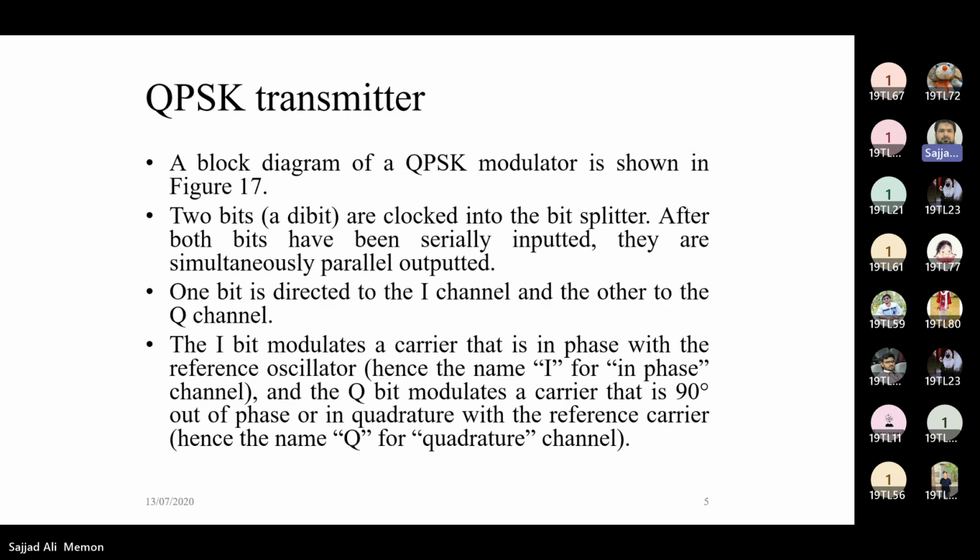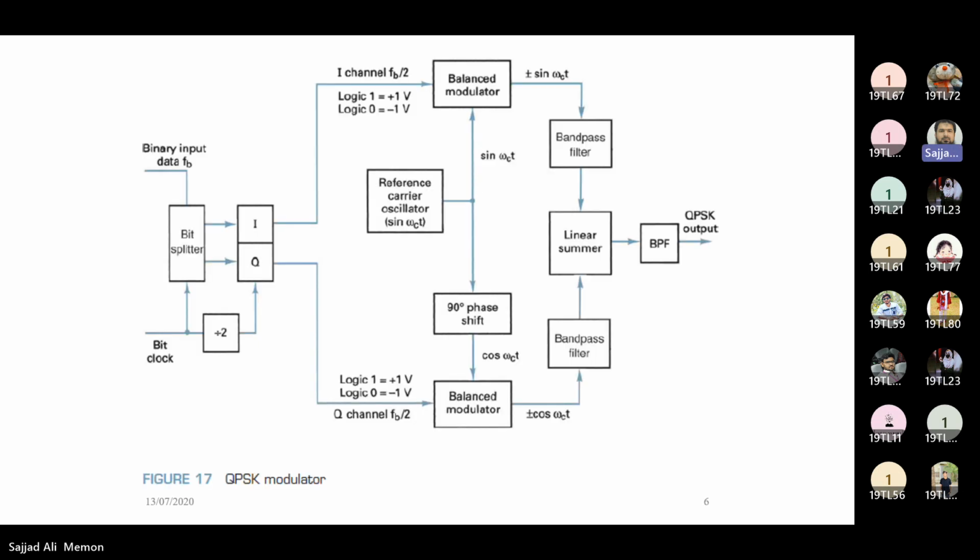A block diagram of a QPSK modulator is shown in figure 17. Let's see that diagram first. Here you can see we have binary input data, whose bit rate is fb, and we have a bit splitter.